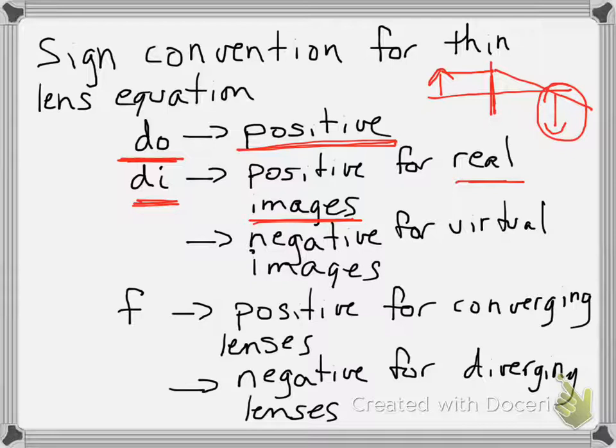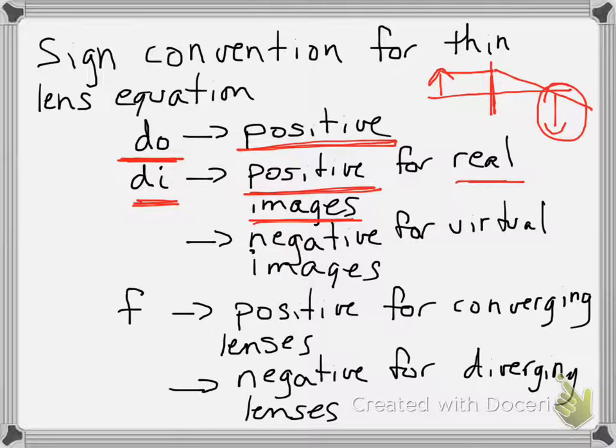It's usually inverted, but you would be able to capture that on a screen. If that's the case, if it's a real image, then that is positive. So when you read a word problem, that's important to remember. Right? So if it's a real image, you've looked at those ray diagrams, you know what's going to be real and what's going to be a virtual image, then that has to be a positive.